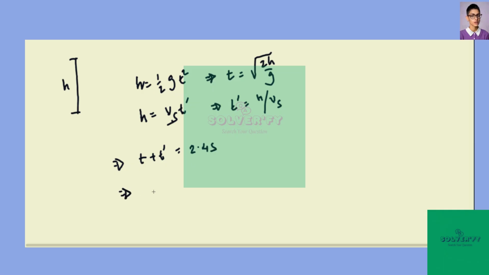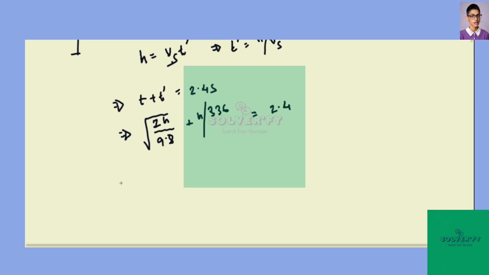So we have square root of 2h over 9.8 plus h over the velocity of the sound, 336, equals 2.4.